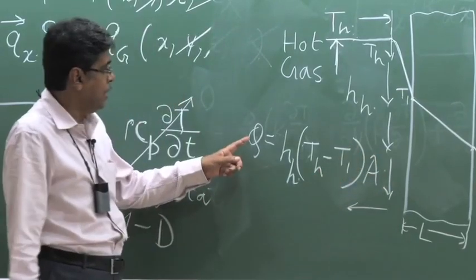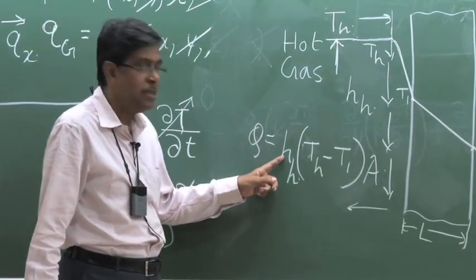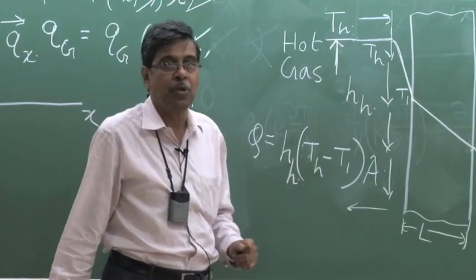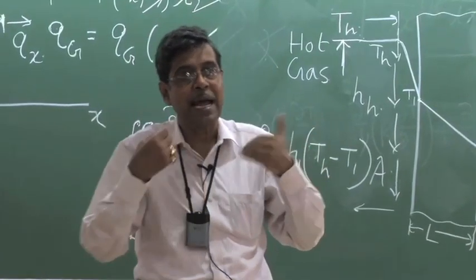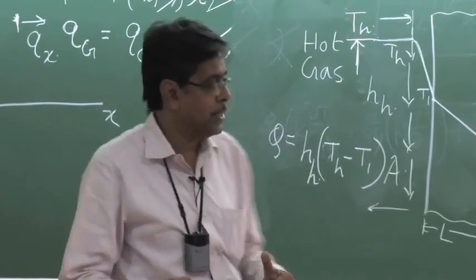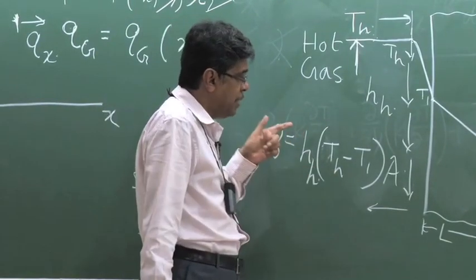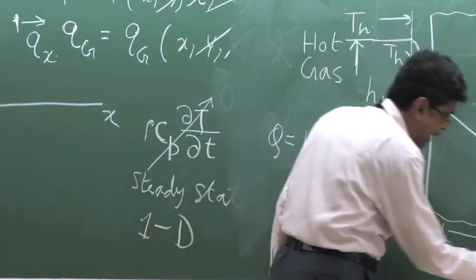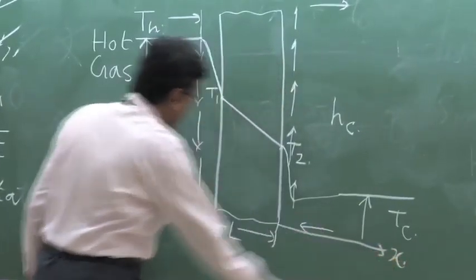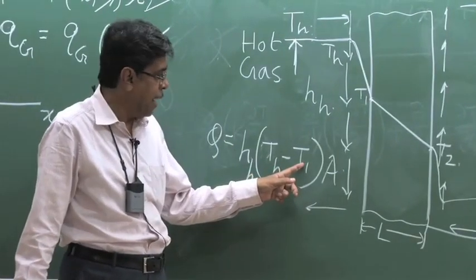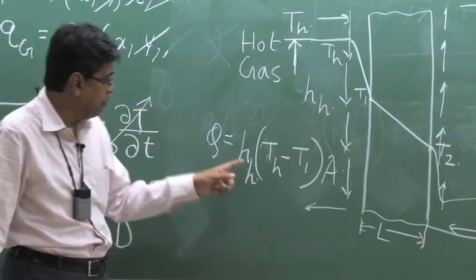The total heat transfer is H, the heat transfer coefficient, times the difference between the fluid temperature and the surface temperature. Here I am writing the positive value of the heat, meaning heat is flowing in this X direction. So I take the temperature difference from the hot gas to the left plate, times the area of the plate, times HH.